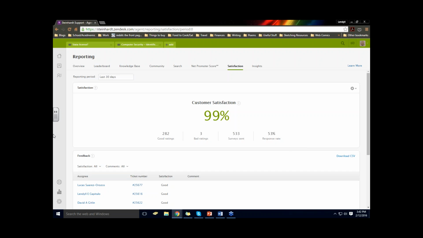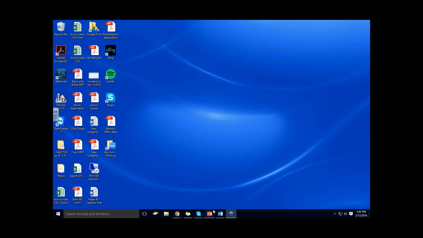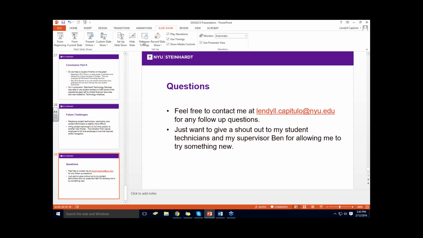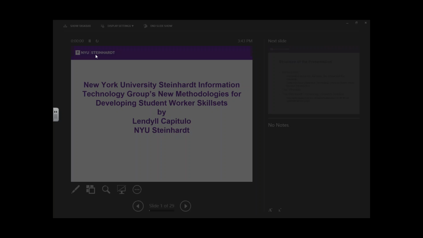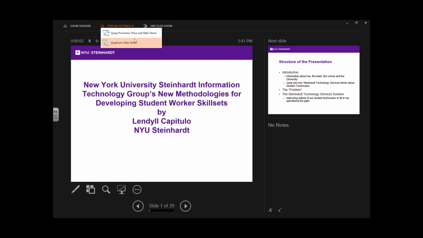And here's the data right here. Out of the 533 surveys sent, we had 3 bad ratings and 282 good ratings. Those numbers line up to what they see centrally and what we projected in the beginning.